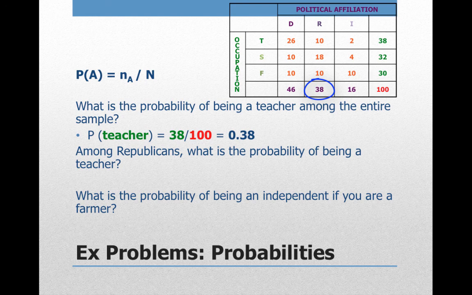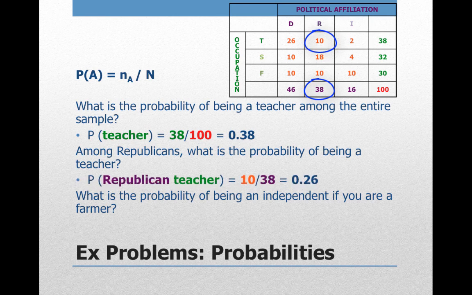So how many Republican teachers are there? There are 10. So we set up our formula as the probability of being a Republican teacher is equal to 10 divided by 38, which is equal to 0.26. This is the probability of being a teacher among Republicans.